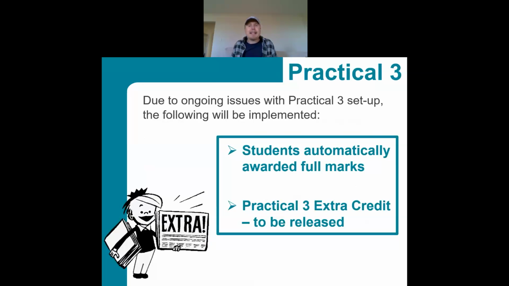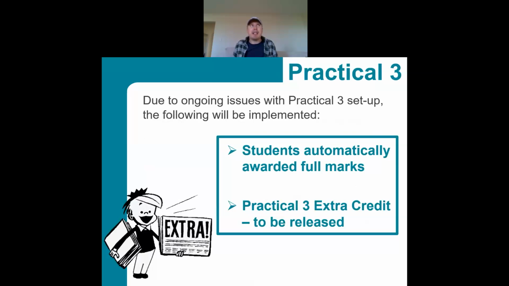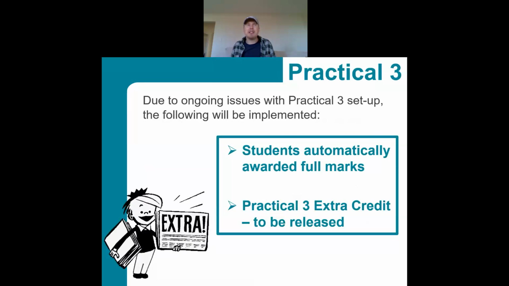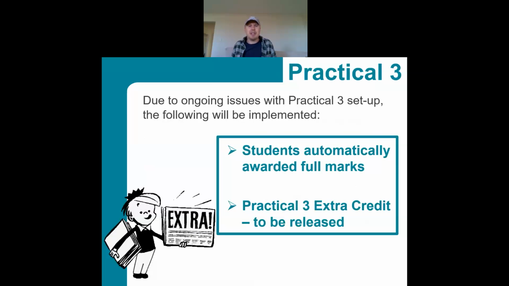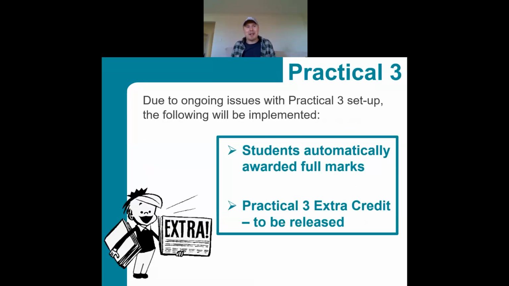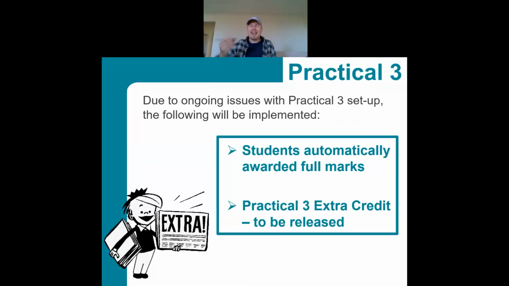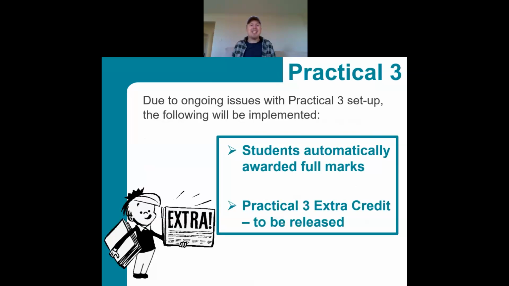So what I decided to do was that everyone has already received full marks for this assignment, practical tree, so the anatomy structures, and I am building, or I actually already have built, but I wanted to do this announcement first, the practical tree again, and now it should work without any hiccups.